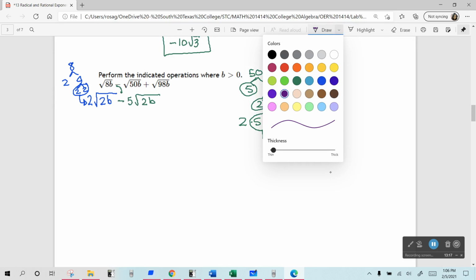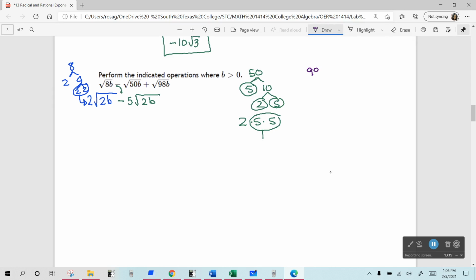And now we're going to do the 98. Two numbers that give me 98. Oh, yeah, that's a big number. 2 and 49. Yeah, 49. And then 49, 7, and 7. So I have 2, 7, and 7. So the 7s are the ones going outside.